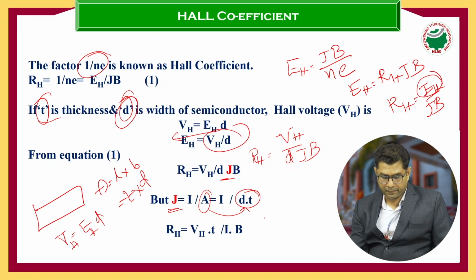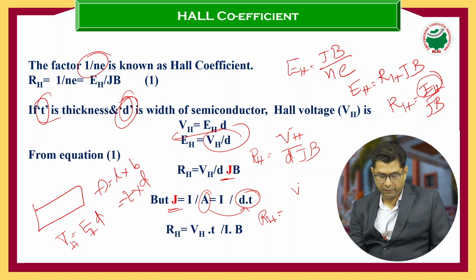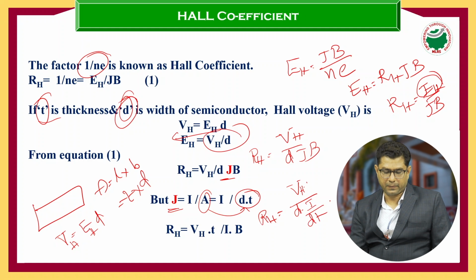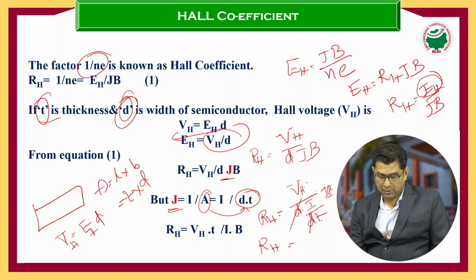RH equals VH by D, and J means I by D T, so I by D T into B. So D cancels, and this T will go up.